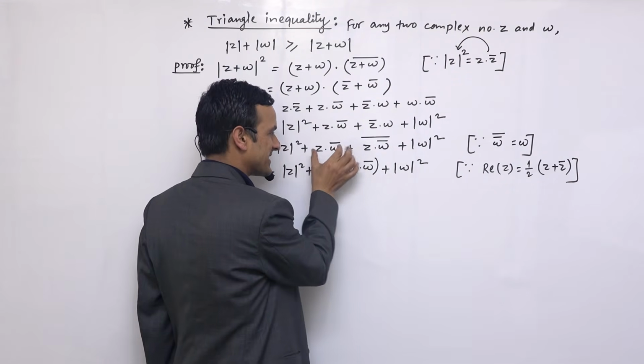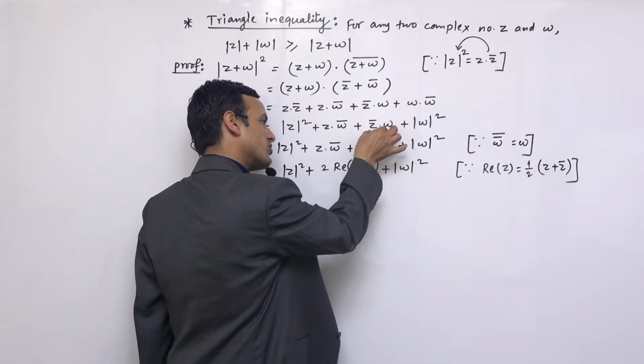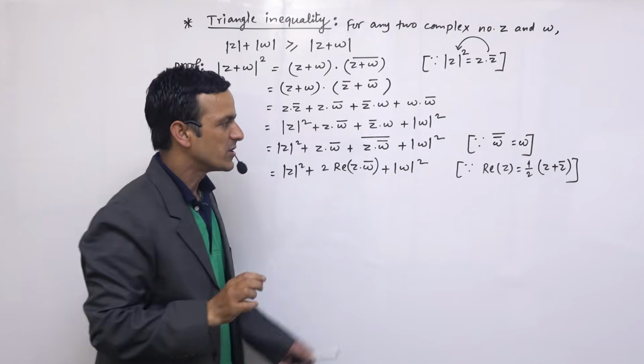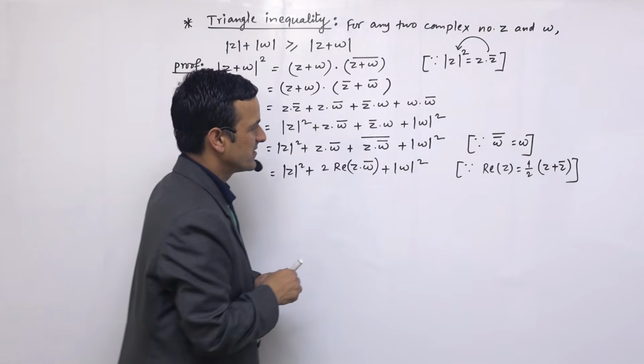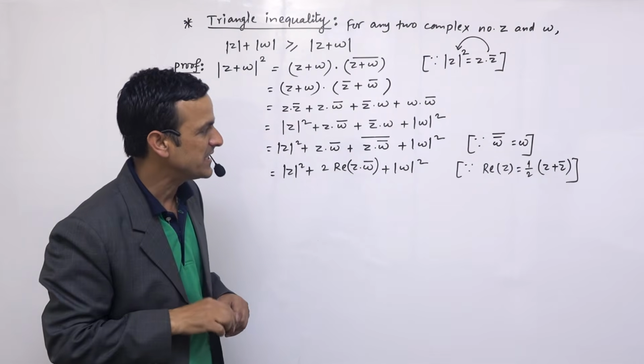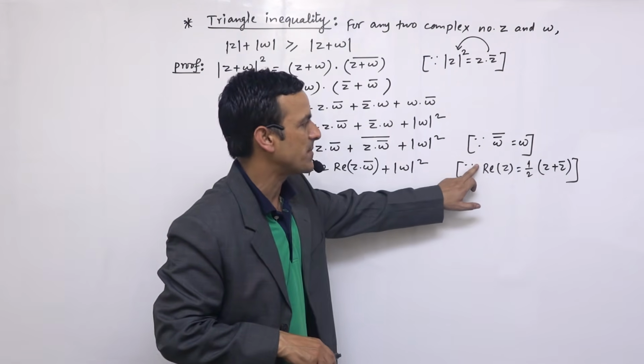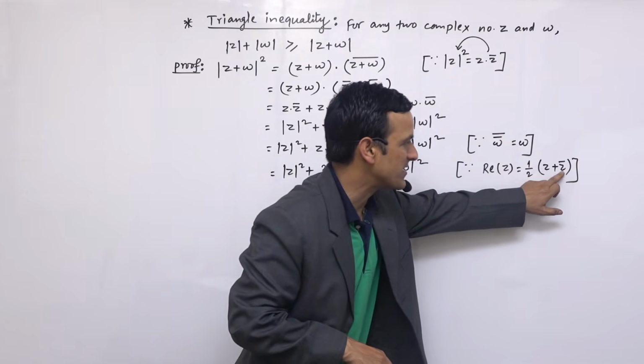So modulus z squared, modulus w squared, and this part: considering this as z, it is z and its own conjugate. Adding the two and dividing by 2 gives the real part of z. So if you multiply this 2 by this term, 2 times the real part of z, it will be z plus z bar.